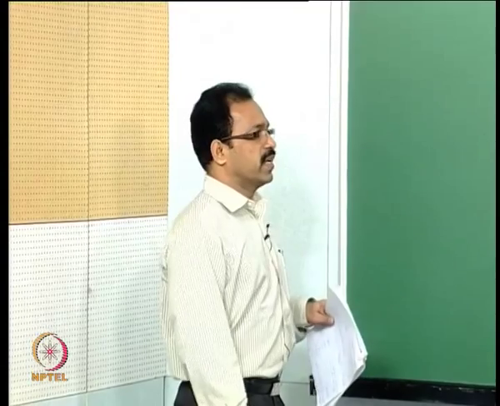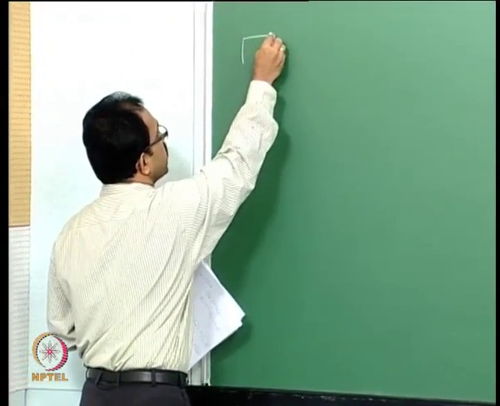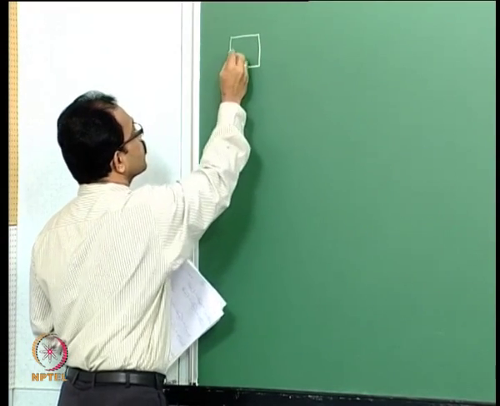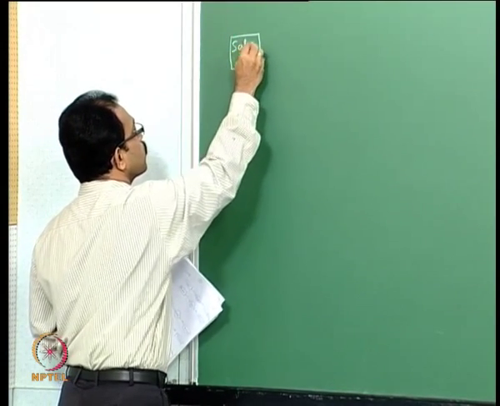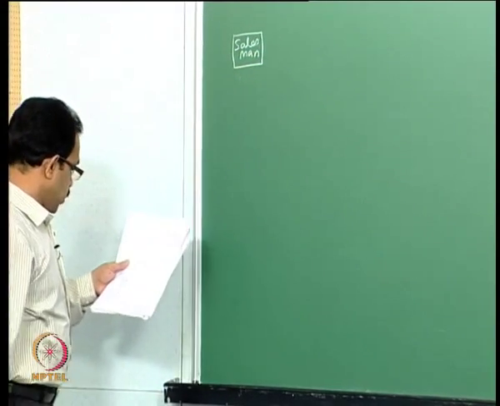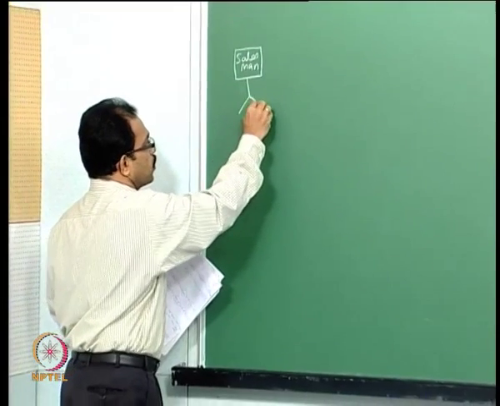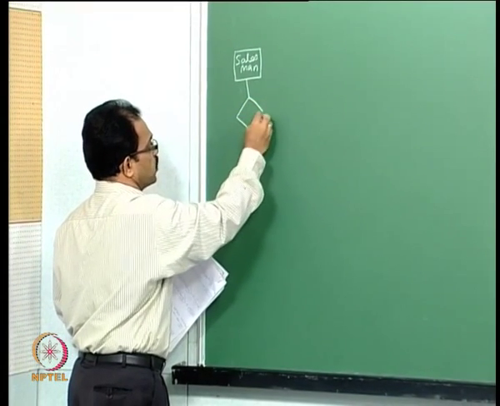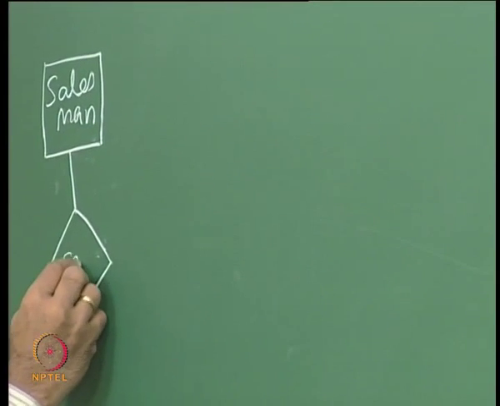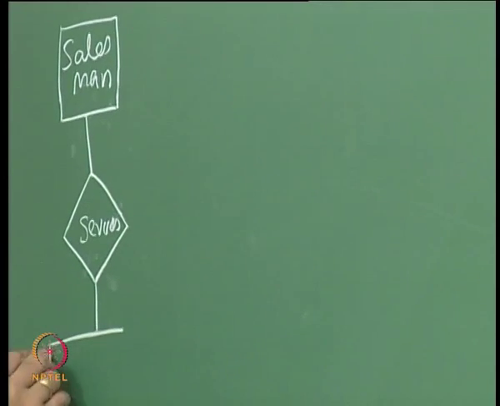So, if you consider a salesman as an entity, a salesman will serve customers when he visits the homes or the shops, whatever may be the situation. So, he serves customers. You can take customer as another entity.